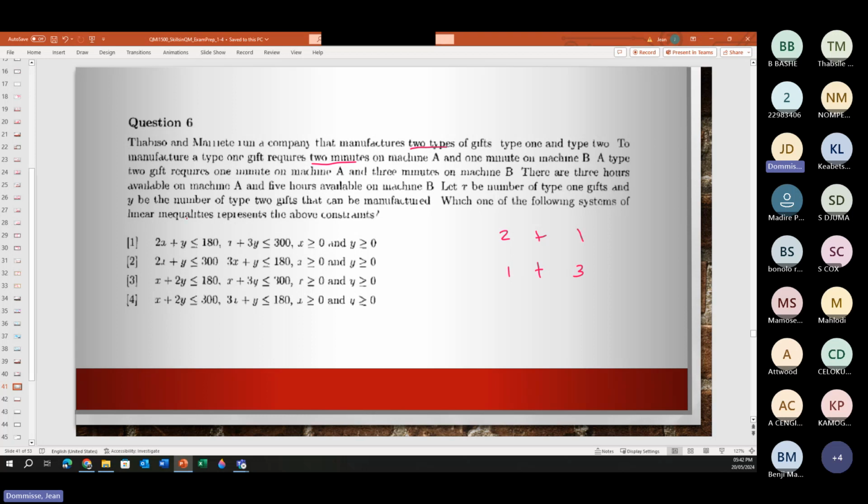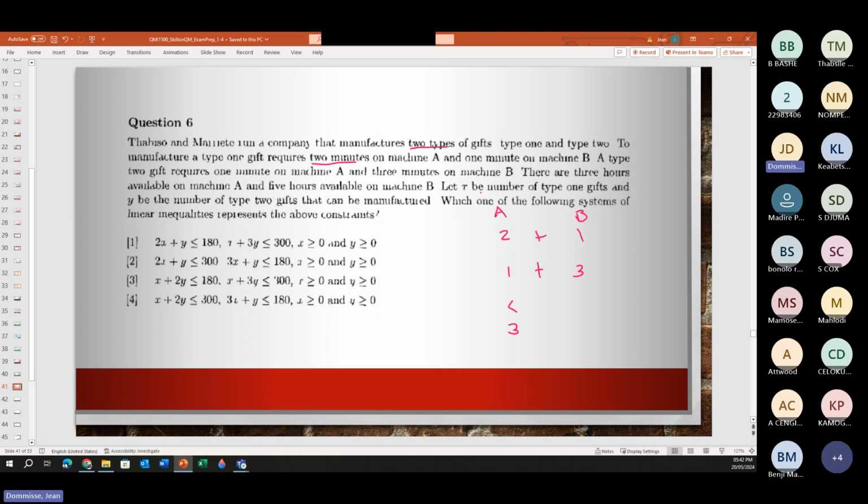There are 3 hours available on machine A. So that was A and that was B. I'm going to change that now.